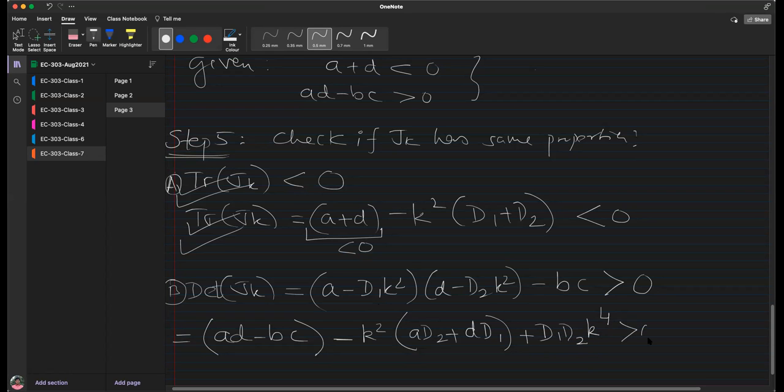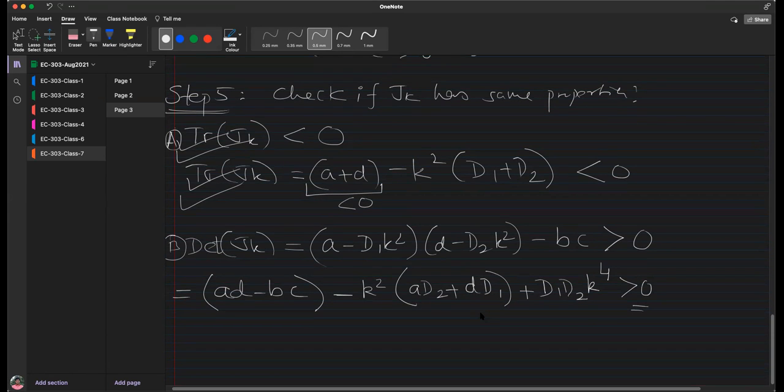We want this to be greater than 0. Is that fine, everyone? Determinant of JK. But remember, we know this is already positive. So these are the two terms that have now been added. And then we want to know if it is still positive, right?